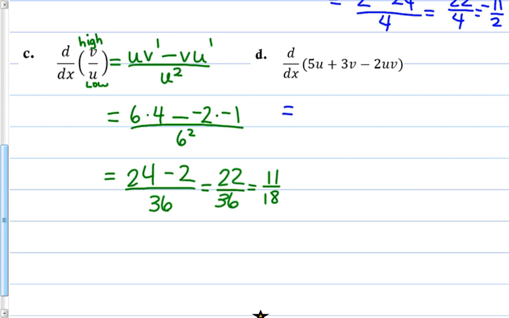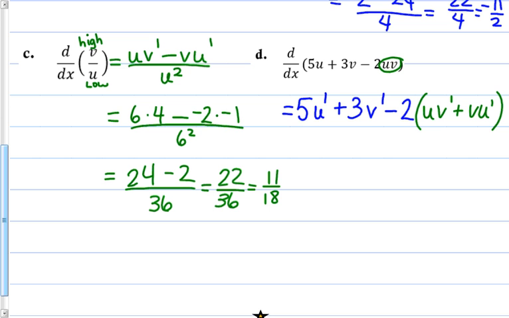Once I derive this, I get 5 times the derivative of U, whatever that function was, plus 3 times the derivative of V, because whatever the function V is, I derive it, I call it V prime, minus 2 times, so this is a product rule, U times V. So 2 times U times V prime plus V times U prime. And I'll put it in parentheses to make sure that I remember that I need to multiply everything by 2.